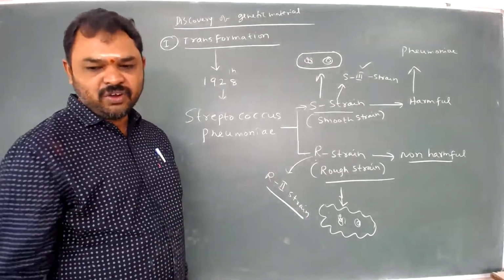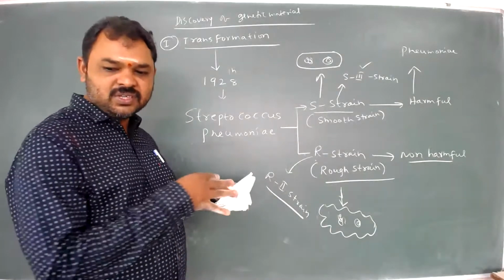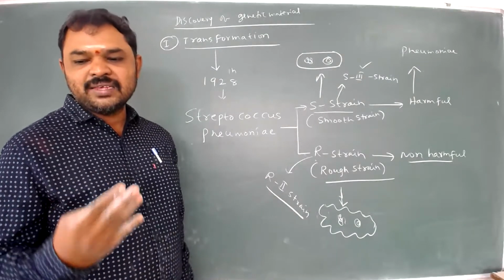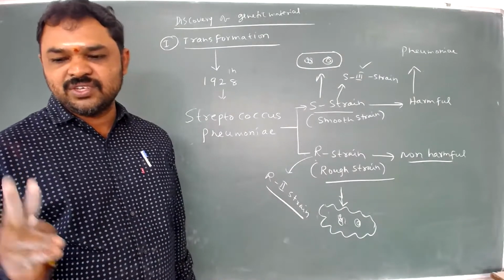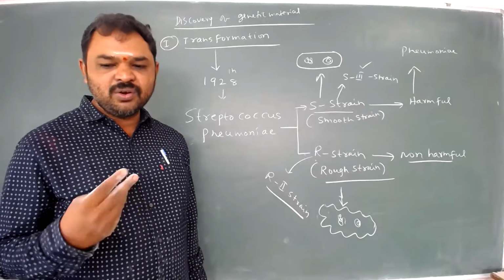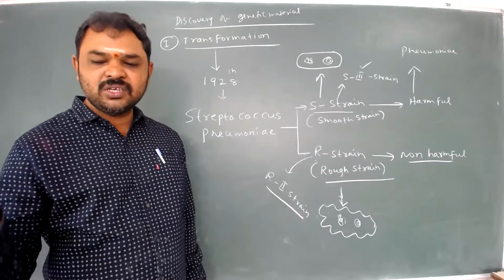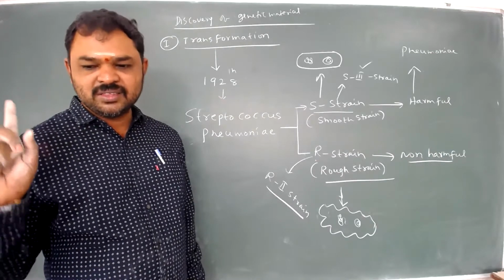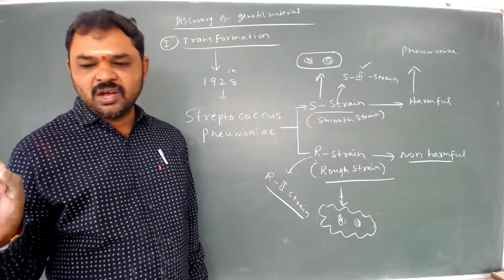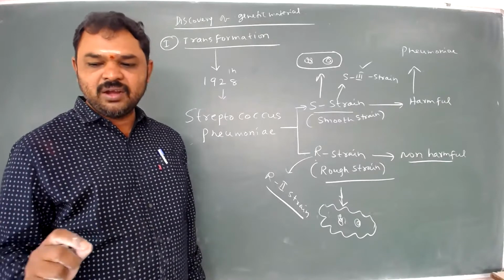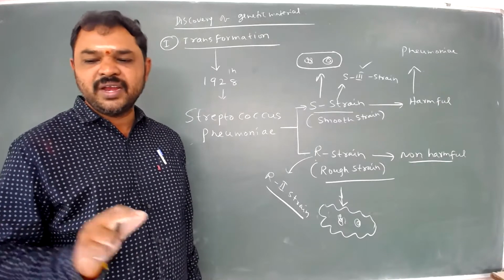These two varieties of Streptococcus pneumoniae are selected: S3 strain and R2 strain. Always remember, there is no need to mention S3 and R2. S strain means you think S3, and R means R2 only. So I will mention S strain and R strain.